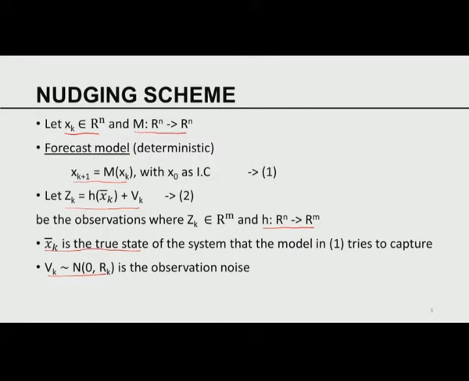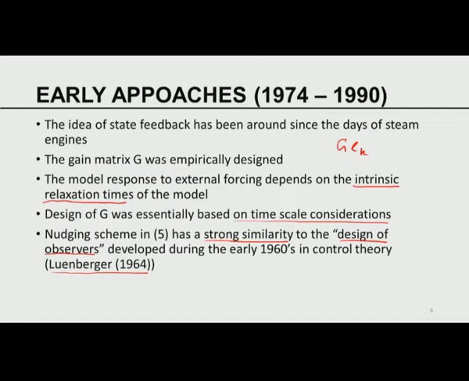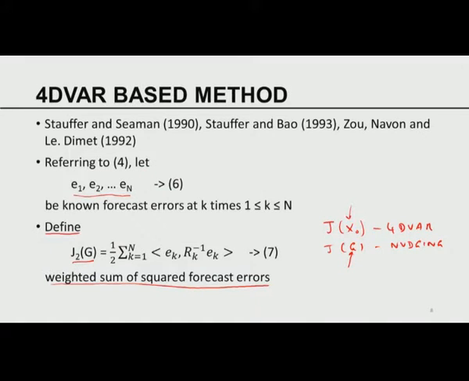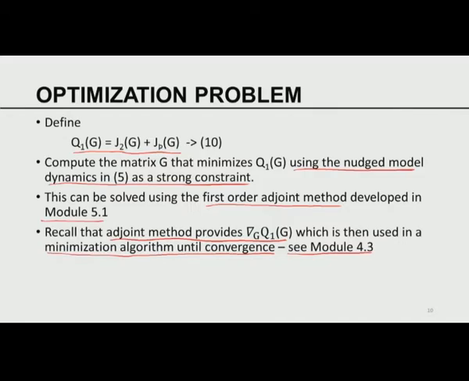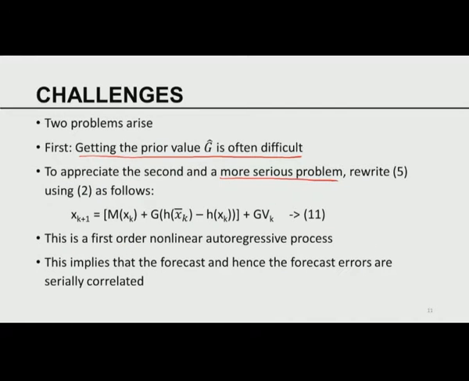Phi is the nudge dynamics, and 2 is the observation equation. So I am now going to combine the two to come up with the exact equation for the nudge dynamics. So when I use 2 and phi, the explicit equation for the nudged model becomes this.